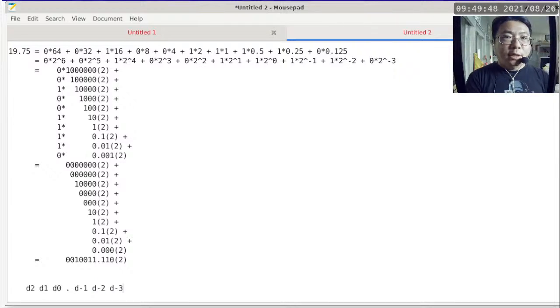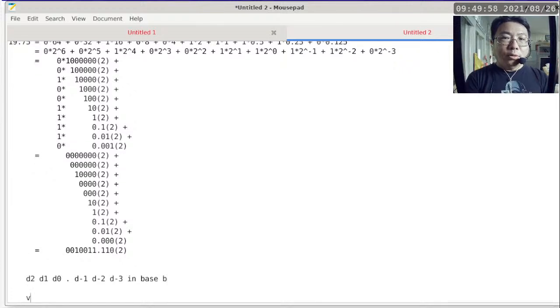So if this is in base B, so I'm even using a symbolic name for the base itself. In this case, what is the value? The value is basically a summation. You can use the sigma term.